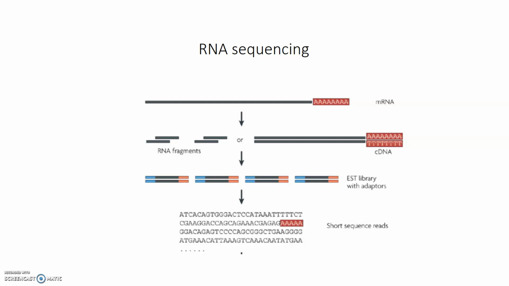Basically we use the enzyme reverse transcriptase to reverse transcribe from that mRNA back to DNA. After that cDNA is produced, we have a library of cDNA molecules. It moves forward very similarly to a next-gen sequencing experiment, where we put on particular adapters that allow us to sequence them and generate millions to billions of these short sequencing reads off of these smaller pieces.